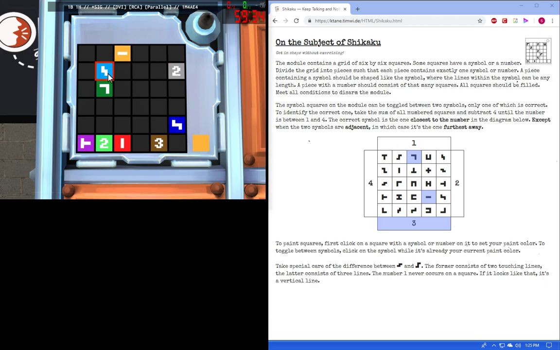Next we have backwards little z on its stand, right there. And we have backwards z, little z, backwards little z. In this case we would choose backwards little z. Next we have L in the top right and little z. In this case we would choose little z.